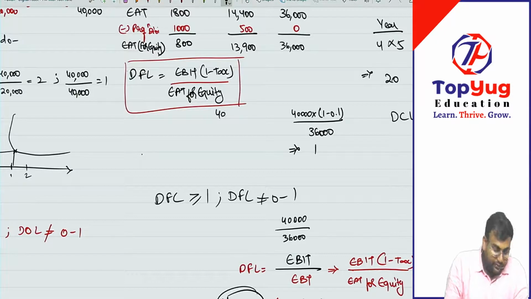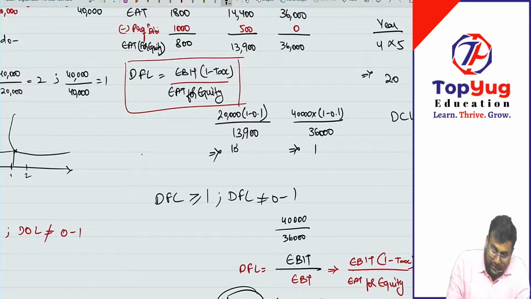Again redo it here. 40,000 into 1 minus point. Okay, so here EBIT is changed. So here EBIT is 20,000 divided by 13,900.